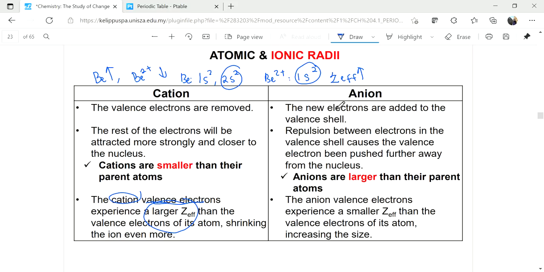In an anion, to form an anion, we accept electrons. We attract electrons.